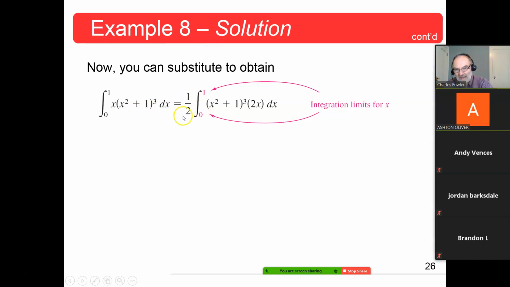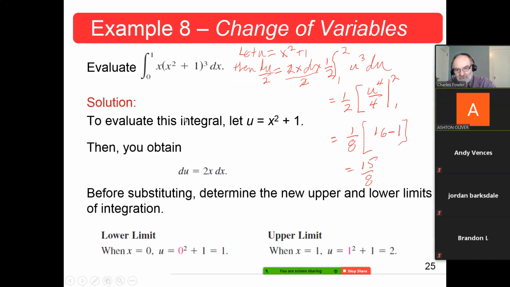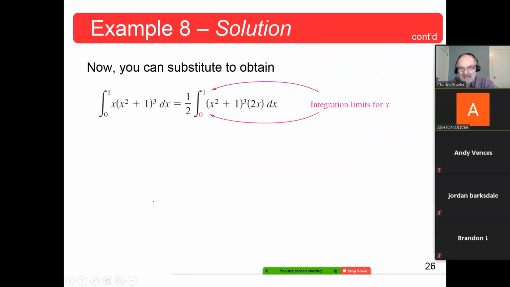Now it becomes a 1/2 because when we did the, they didn't show it. But here, when you divide both sides by 2, let me do it. Okay, the x dx here, I can't draw well. X dx here becomes du over 2. So pull the 1/2 on the outside.